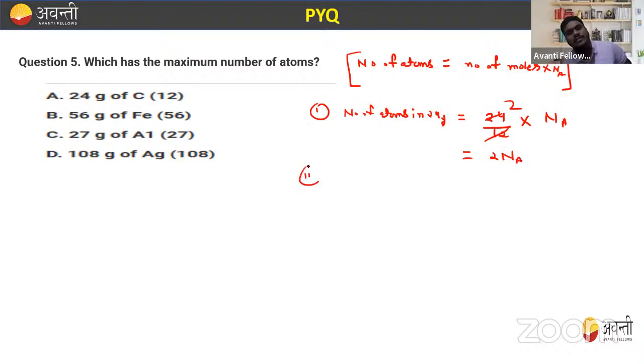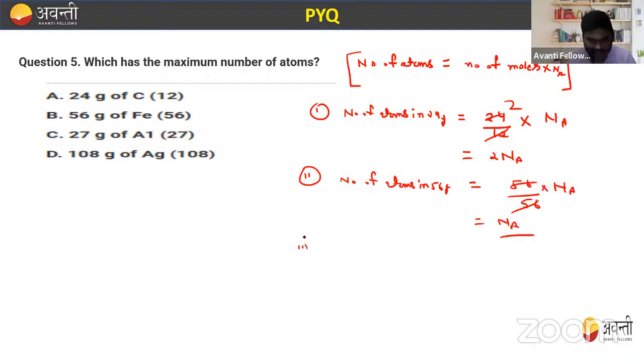Now let's see for the next one, that is 56 gram of Fe. So the number of atoms in 56 gram: mass is 56, molar mass is also 56, into Na. So it comes out to be only Na. Now for the third one, 27 gram of aluminum.